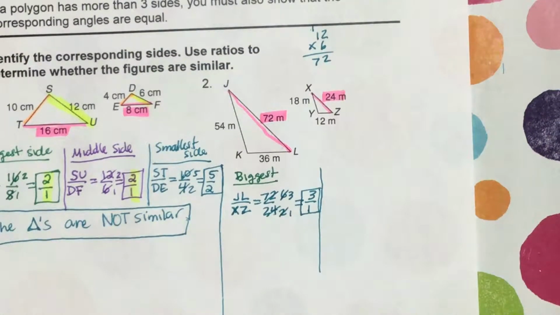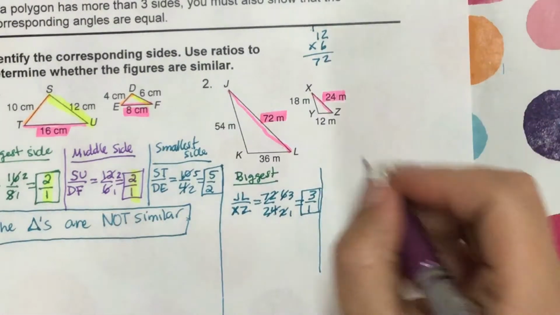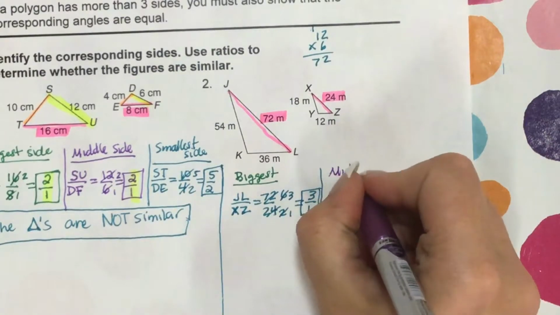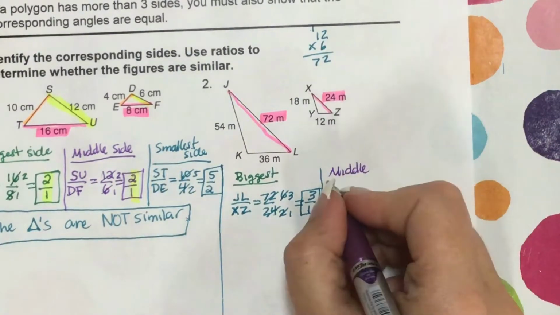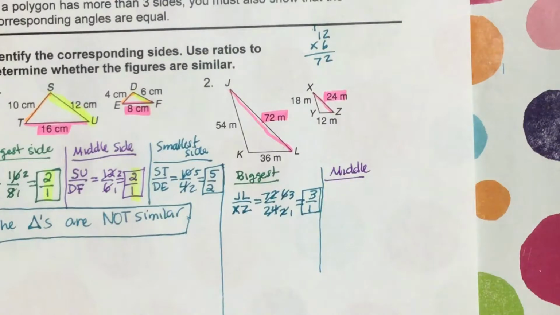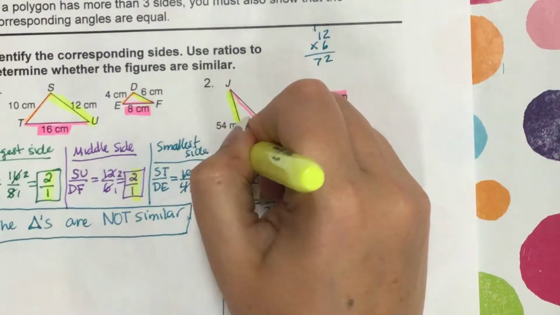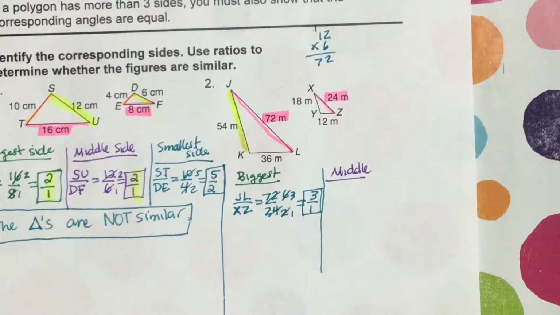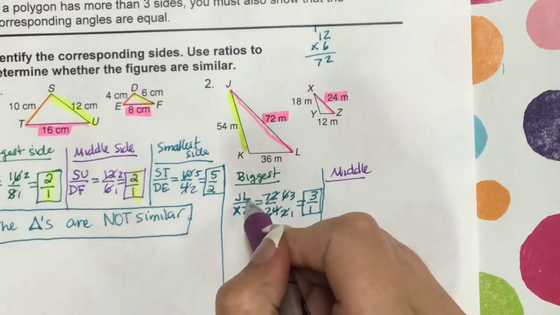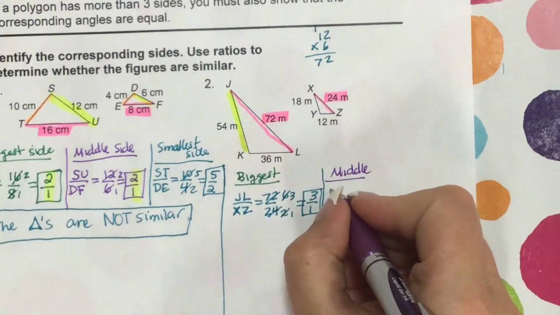Now let's talk about the middle side. Just the middle one. Okay, so the side that's in the middle would be the number that's in the middle, which is right here. That is JK. And we're doing the big triangle over the little one.